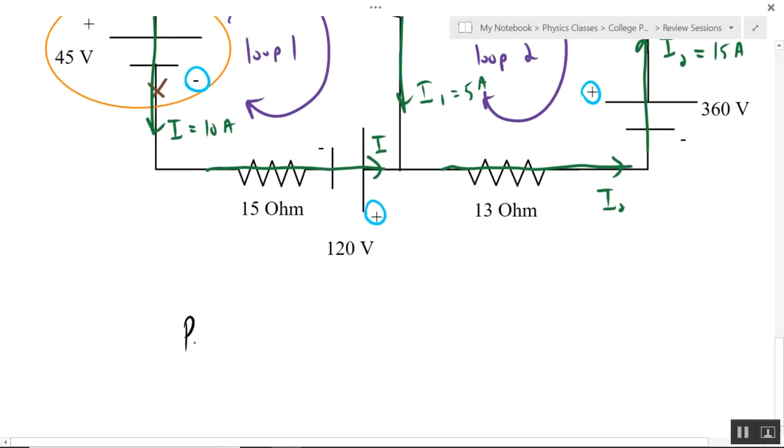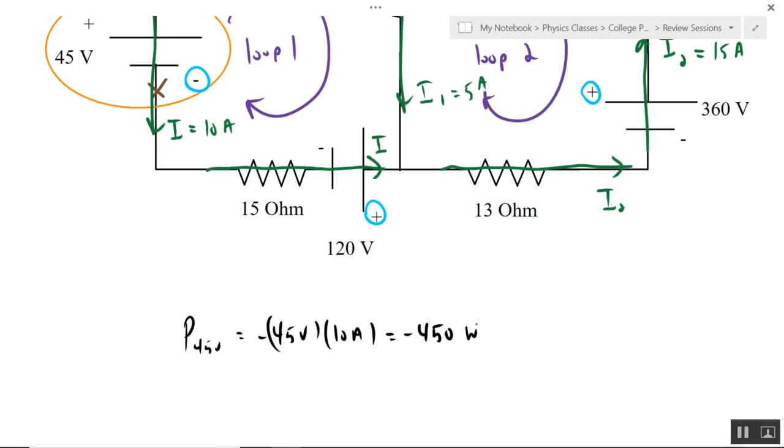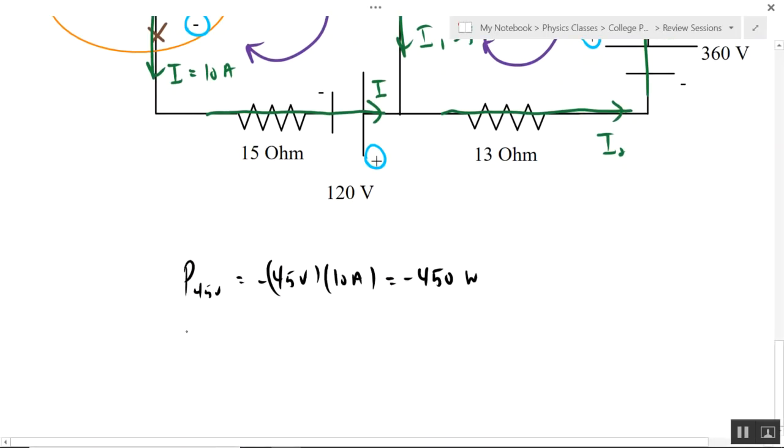So for the 45 volt battery, it's minus 45 times 10 amps. These are kind of easy to do almost in your head. It's negative 450 watts for the 45 volt battery. And then for the 120 volt battery, it's plus 120 times the current coming out of it, which is 10 amps.